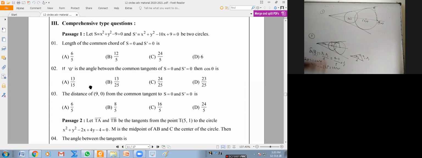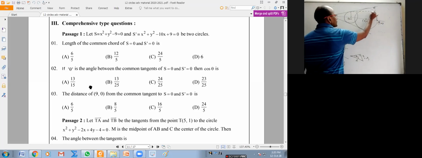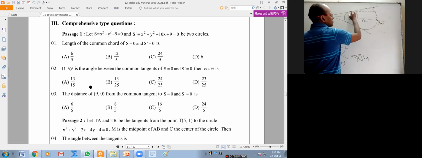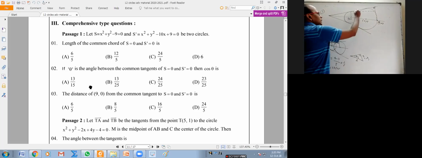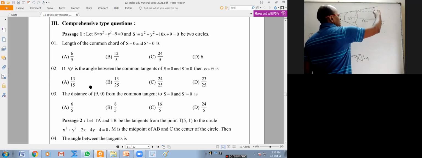Where is the external center of similitude if I find it? Without that also, I can find that length from the figure itself. I can take this right angle triangle where this is 9 units, so this is also 9 units. I know this angle. I can find this distance and then add this much.